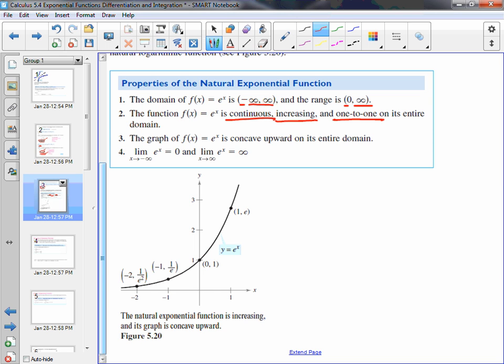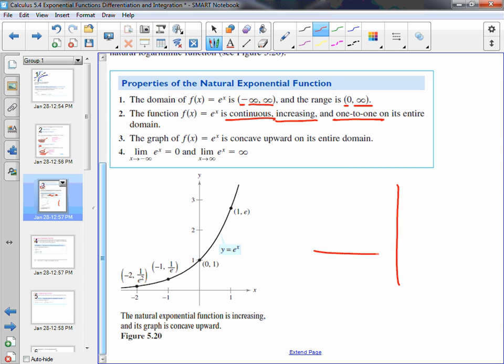And the limit of e to the x as x goes to negative infinity equals 0, meaning the line y equals 0 is a horizontal asymptote for x approaching negative infinity. And the limit of e to the x as x approaches infinity is infinity. So there's no horizontal asymptote on the other end. It's going to infinity.